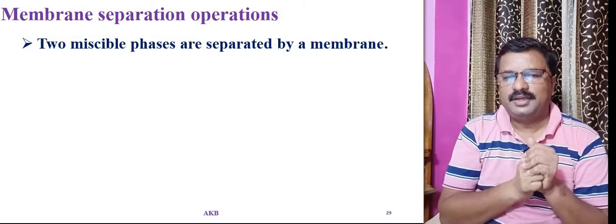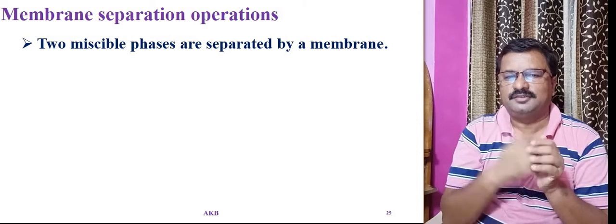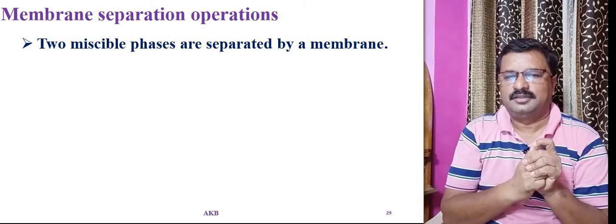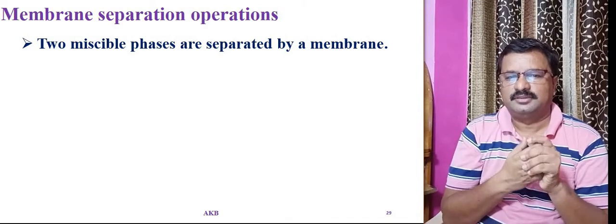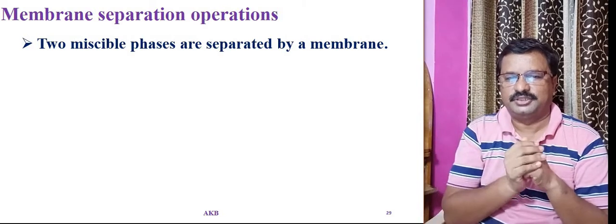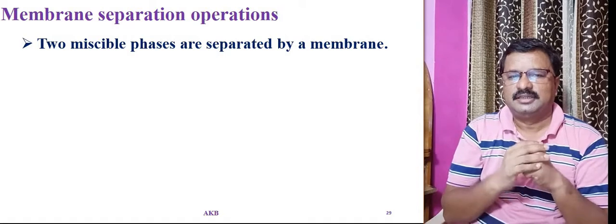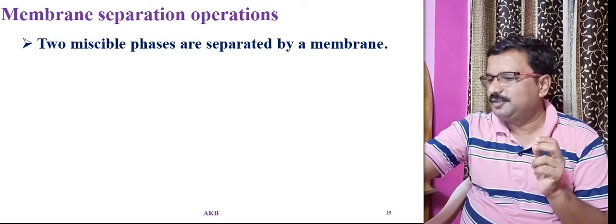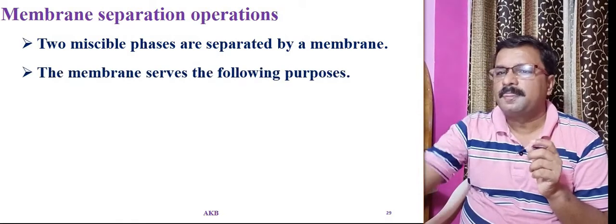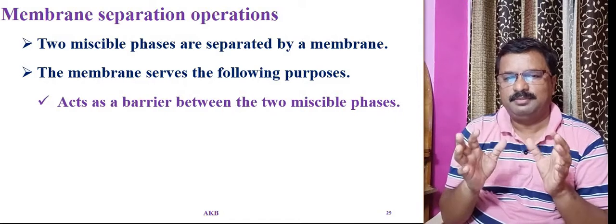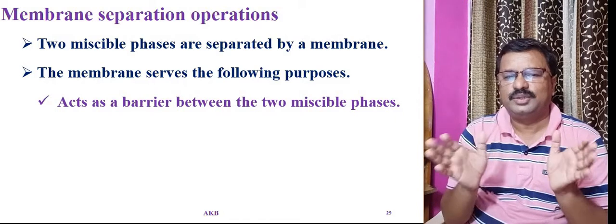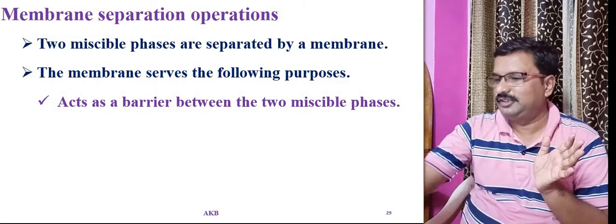Now the membrane will have certain functions in these operations. Let us understand what purposes are served by this membrane. The first thing is the membrane will act as a barrier between the two miscible phases.